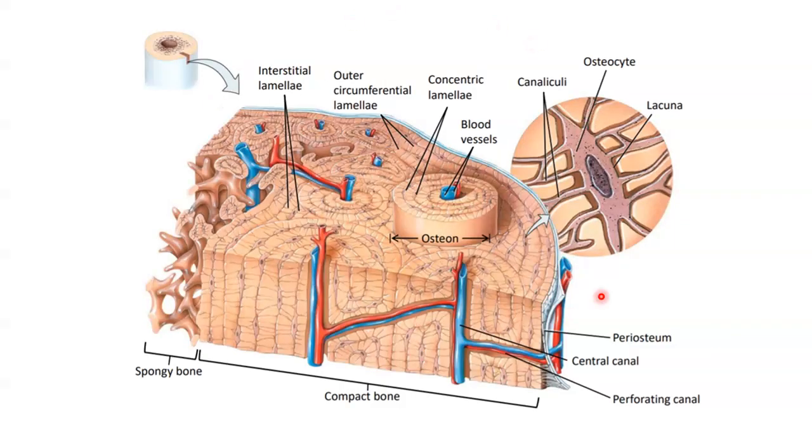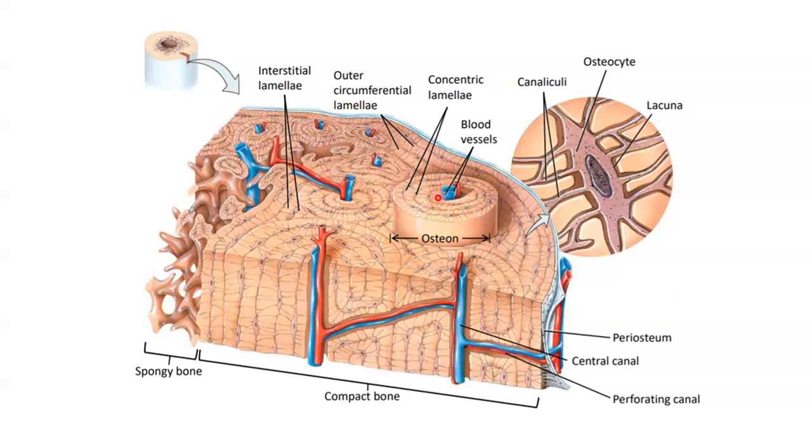So if we zoom in to see what compact bone looks like under a microscope, you'll see that it's made up of repeating units of osteons. So this circle part here is what we call an osteon. An osteon is kind of like a pillar of bone, and it's made up of lots and lots of rings of what we call concentric lamellae.